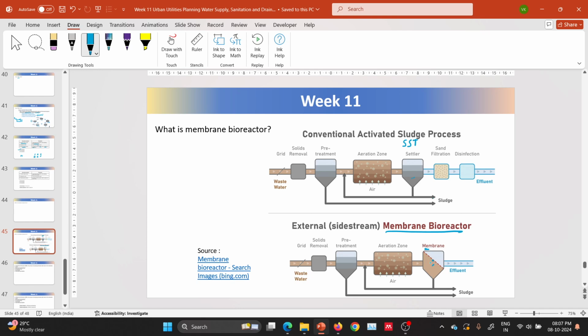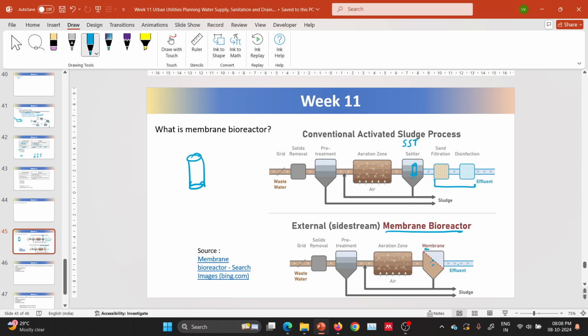So in the biological process we have introduced membranes here. In your homes you might have seen membranes. This looks like this cylinder. In homes like Kent or any other Aquaguard, they are selling the small water treatment plant. The membrane is kept inside and the water is taken out of that membrane. That has a very good effluent quality. So for that we don't need sand filtration and disinfection.